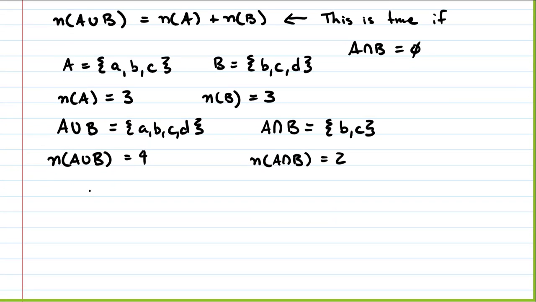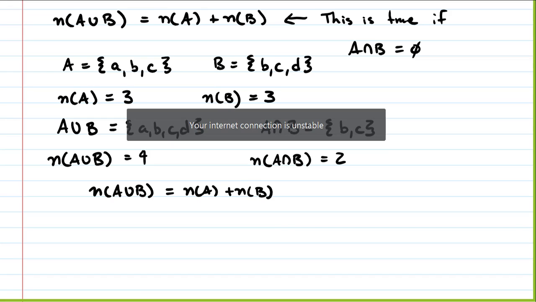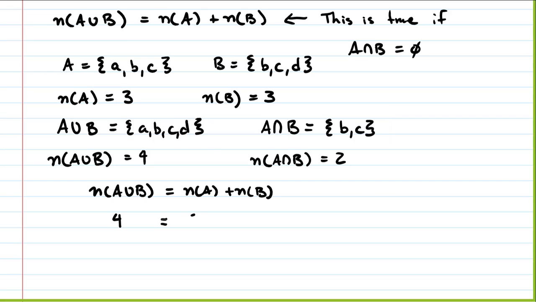So if we try our formula, the number of things in A union B is equal to the number of things in A plus the number of things in B. Well, the number of things in A union B is 4, which is equal to 3 plus 3. Is that statement true? No, that statement's not true. The number of things in A union B is not the same as the number of things in A plus the number of things in B. Why is that the case?